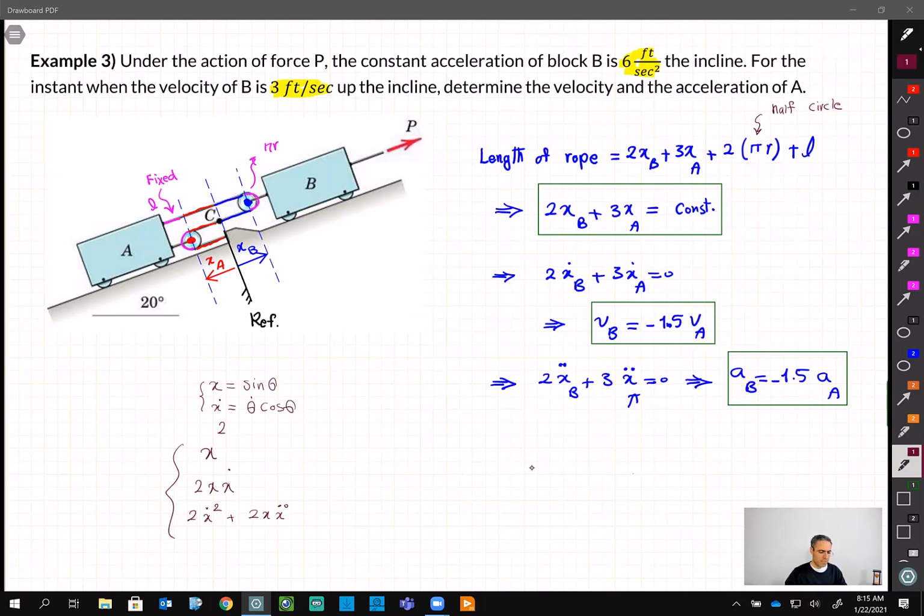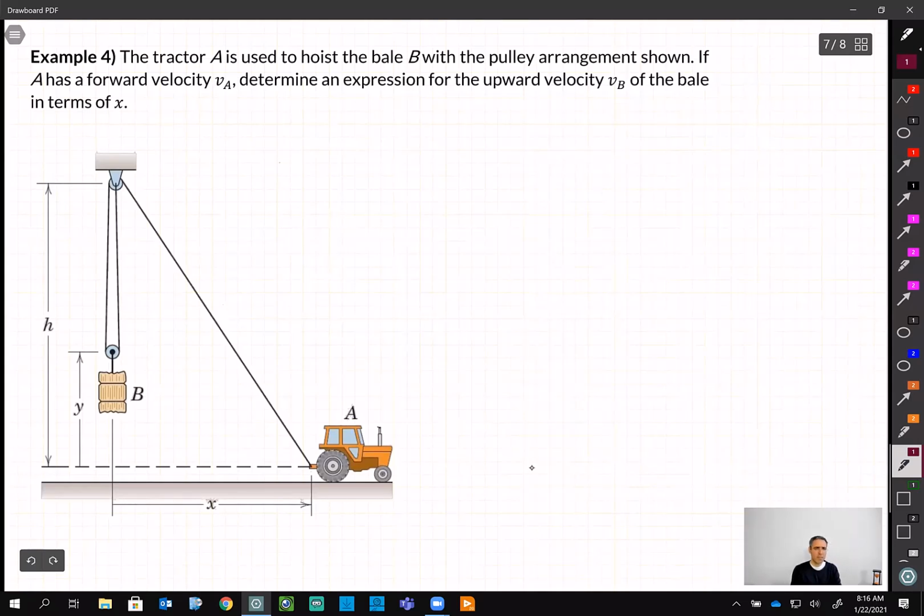All right, so if there is no question here, let's move on. Take a moment and try to see if you can solve this problem using the same concept that we just explained.